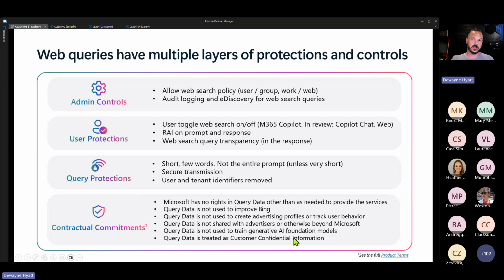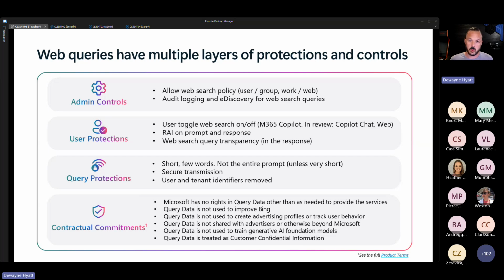This is fairly recent, I think March of 2025. Microsoft updated what we call the product terms for how Copilot chat interacts with Bing. So when you're talking to Bing, no BAA, not covered, not an M365 thing. It is an MSA, a Microsoft Services Agreement.